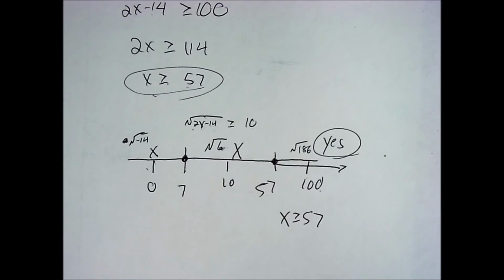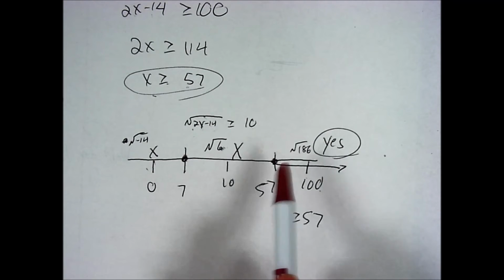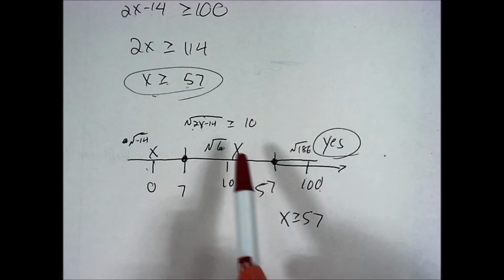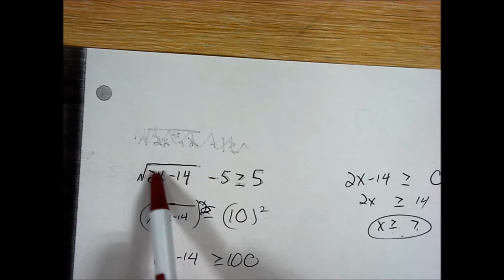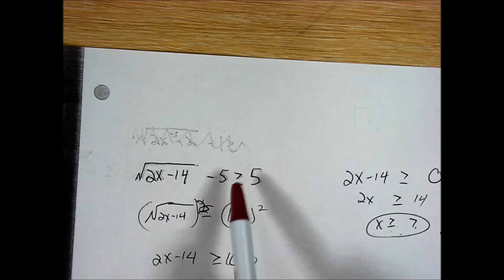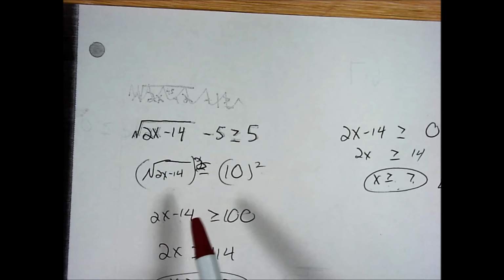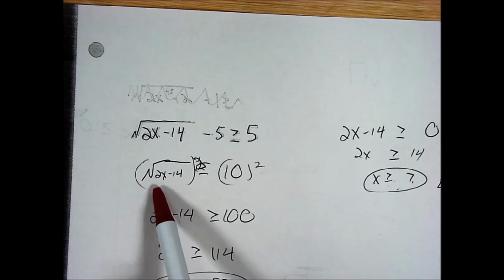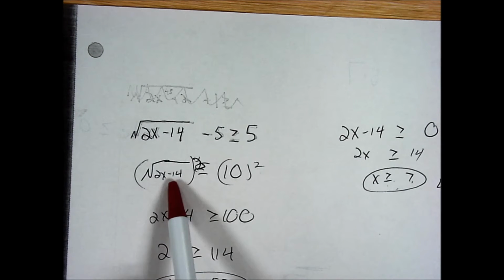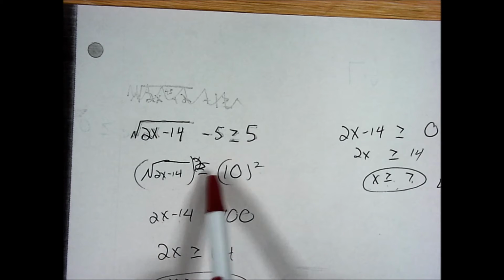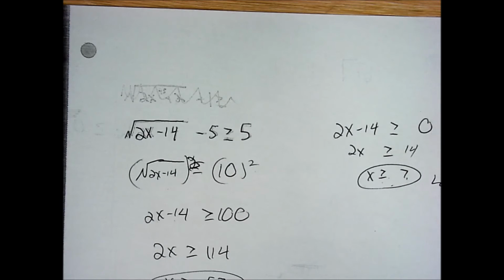Okay, so I got my number line set up. If you did it this way, 7 and 57. Again, I don't go from the very beginning one. I get the square root by itself, which is a little easier to do on your own without typing stuff into the calculator. So I'm looking for, when is the square root of 2x minus 14 going to be greater than or equal to 10?